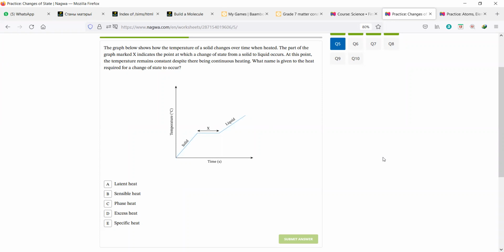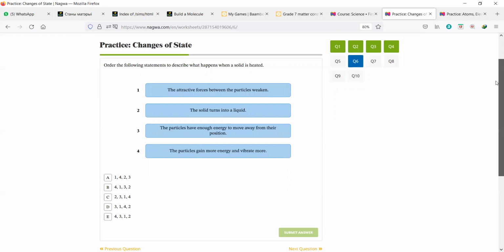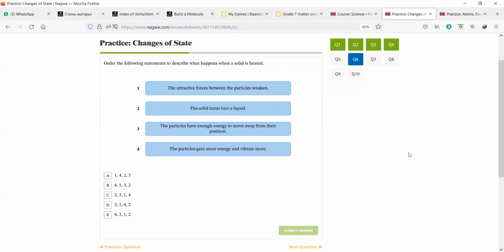What name is given to the heat required for a change of state to occur? Specific heat. Okay, you will take it in grade 10. This one.